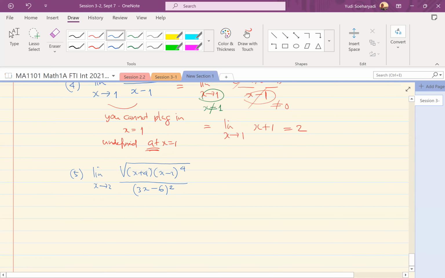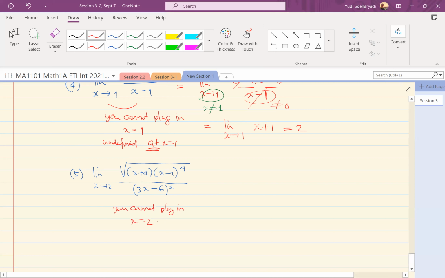Okay, so you just cannot plug in x equals 2. Right? So somehow you have to simplify.